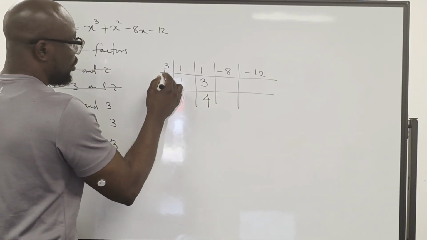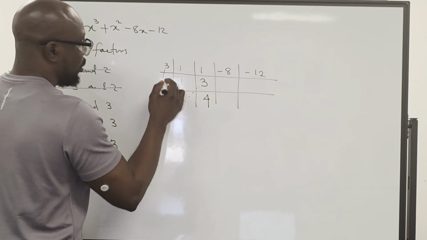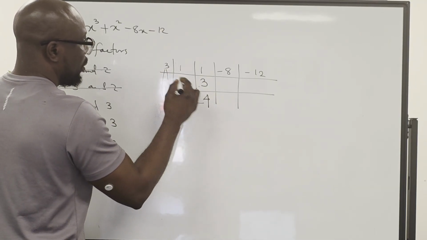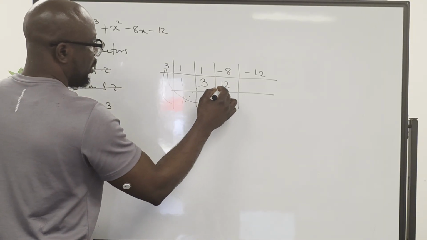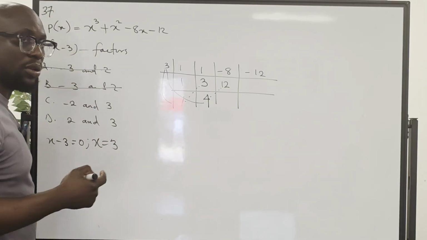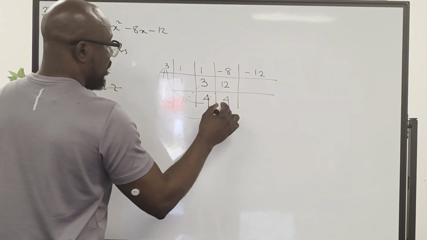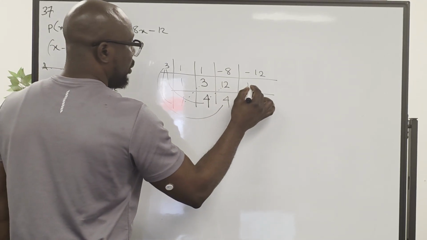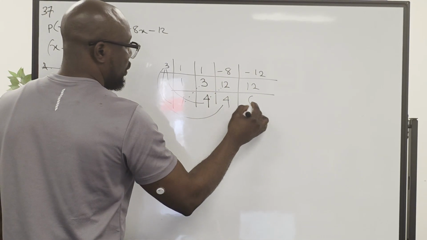Next, you bring it down and do this again. 3 times 4 is 12, so write it right here, and then you add it. So you have -8 plus 12 is 4. Now you have 3 times 4, 12 again. And 12 plus -12 is 0.